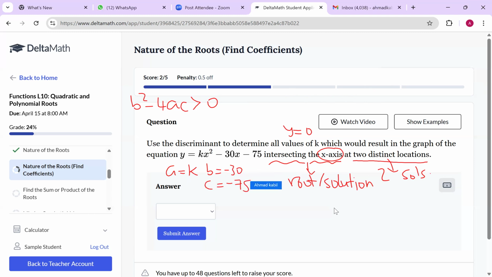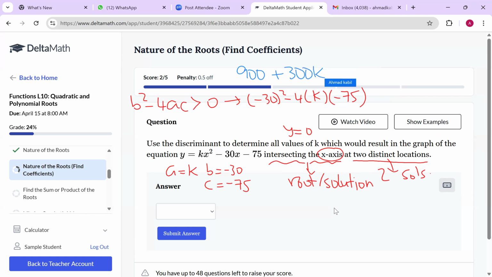So b squared minus 4ac becomes -30 squared minus 4k times -75. So 900 plus 4 times 75 is 300, so plus 300k. So 900 plus 300k has to be greater than 0.